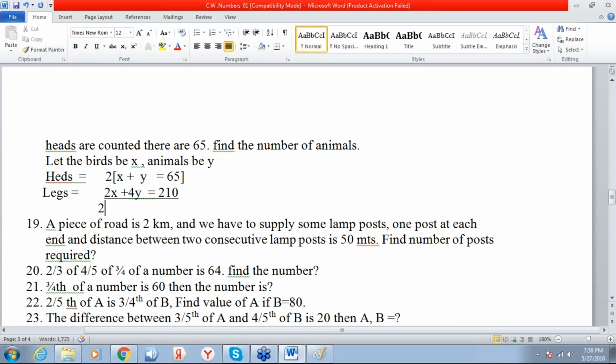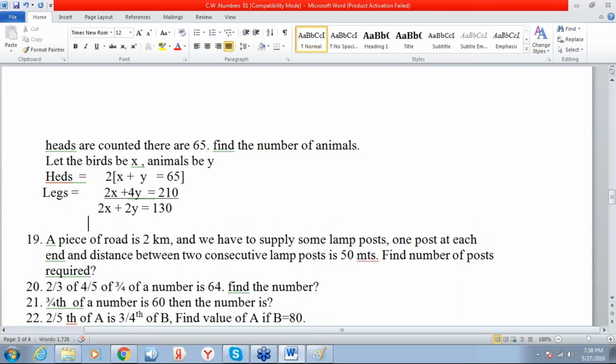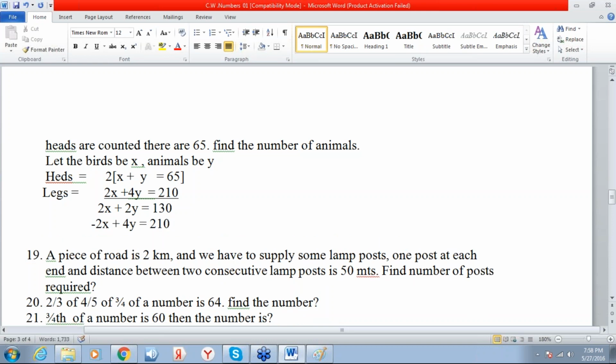So 2x plus 2y is equal to 130, right? And you should subtract it, minus 2x plus 4y is equal to 210. So 2x is cancelled.